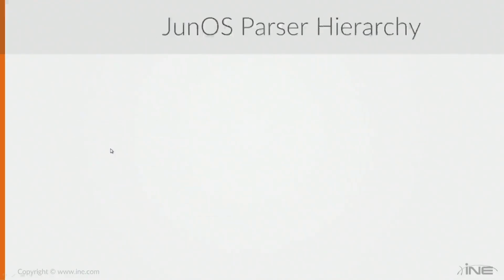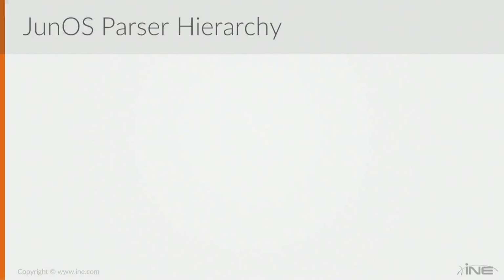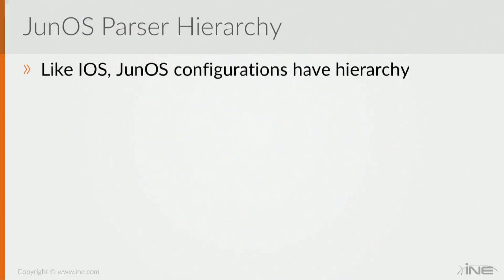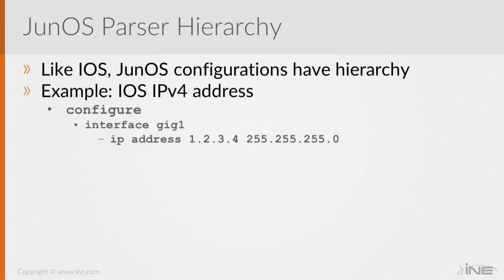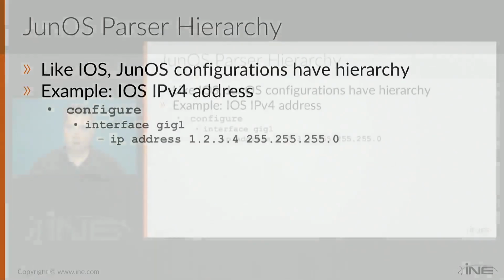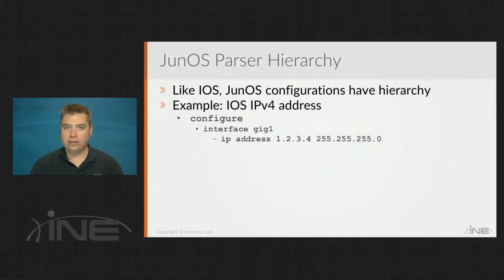Now, in terms of the hierarchy of the parser, IOS does have hierarchy like we talked about, but we'll see in JunOS the hierarchy is much more strict and much more clearly defined. For example, in the case of IOS, if you wanted to define an IP address on the interface, you go to global config, you go to the interface level, and then you issue the IP address command. The same would be true if you wanted to issue an IPv6 address or you wanted to configure an ACL on the interface.